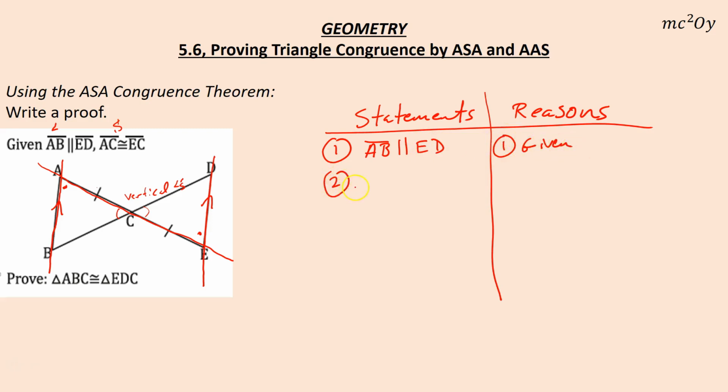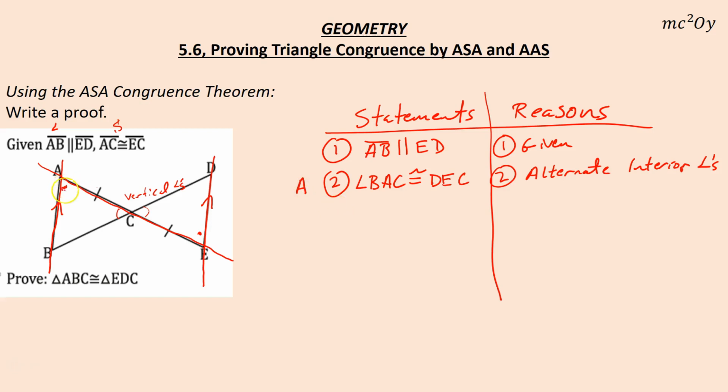Based on that given, I know that angle BAC is congruent to, well, B corresponds to D, A corresponds to E, and C to C, so angle DEC. How do I know that? Well, those are alternate interior angles, and alternate interior angles are congruent. So there's my angle.